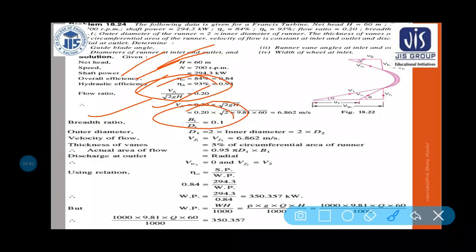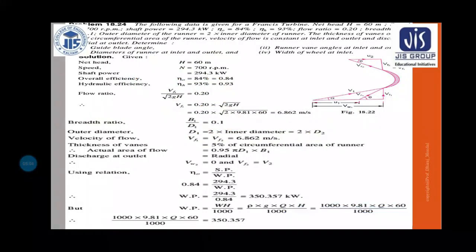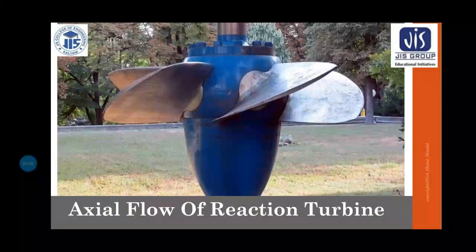D1 is equal to 2 into D2, where D1 is the outer diameter and D2 is the inner diameter. So this is the relation between the inner and outer diameters.